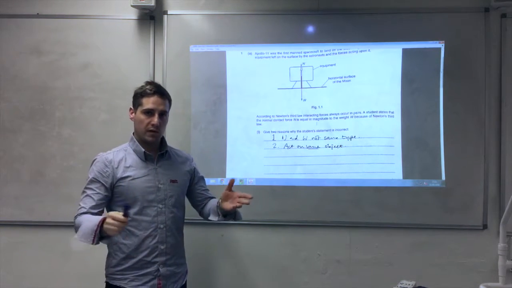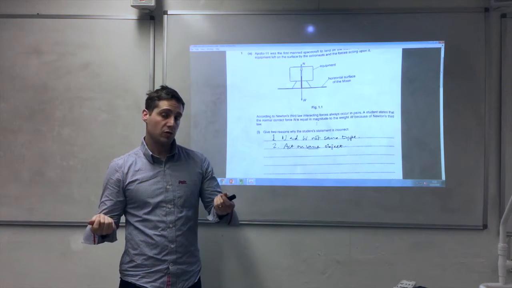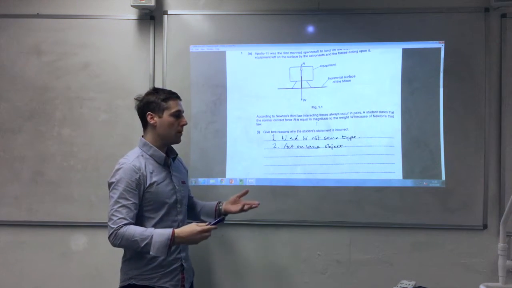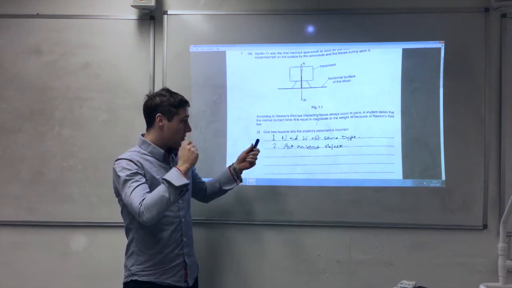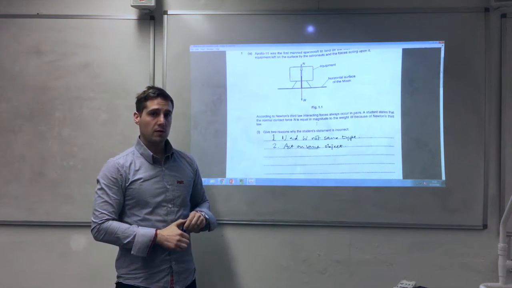Newton's third law applies to forces of the same type, so to gravitational forces, to contact forces, to friction forces, and so on. It's not for forces of different types, and they need to act on different objects.